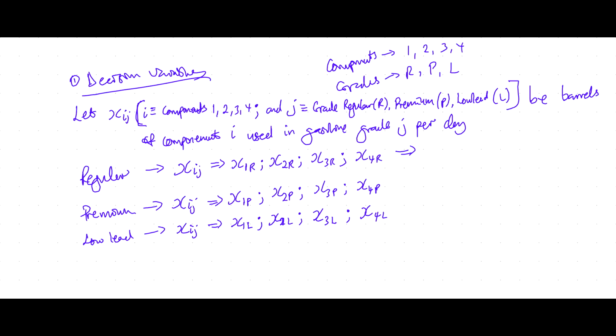Then we can say that X11, X21, X31, and X41. That means that 1 is for regular, 2 is for premium, then 3.